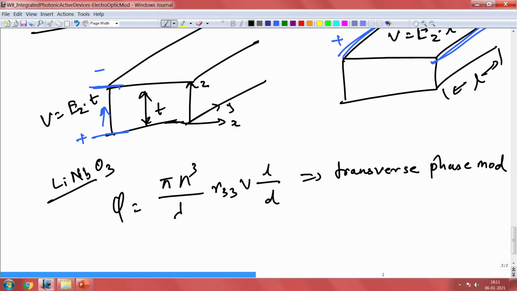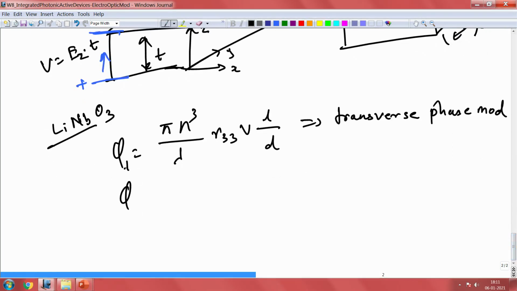And when you have longitudinal, I can put phi T and phi L. The phi L is pi n cubed divided by lambda, R13 V.